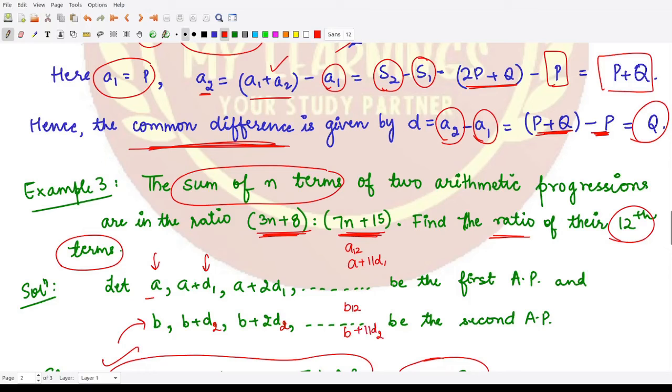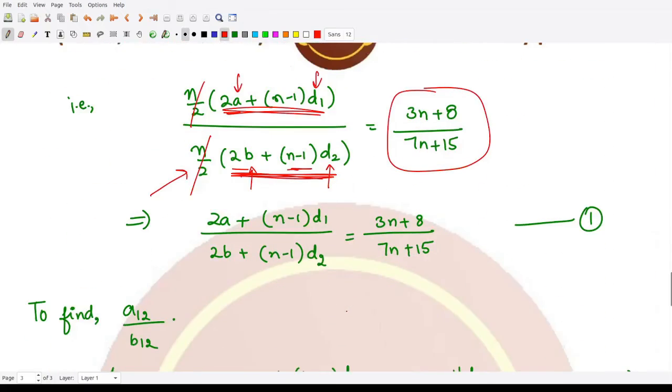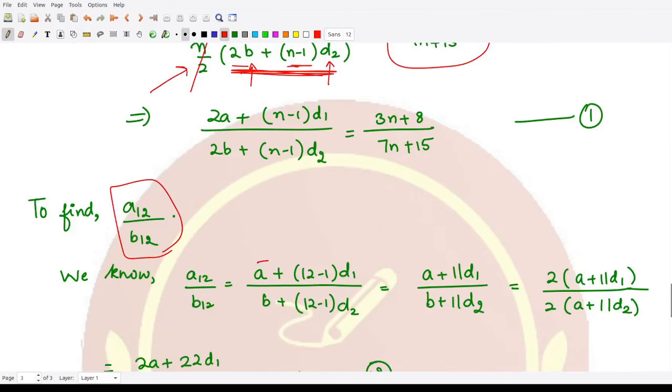So we need to find their ratio, a12 upon b12. Their formulas are a plus 12 minus 1 times d1 and b plus 12 minus 1 times d2. So we solve them to get the numerator as a plus 11 d1 and the denominator as b plus 11 d2.